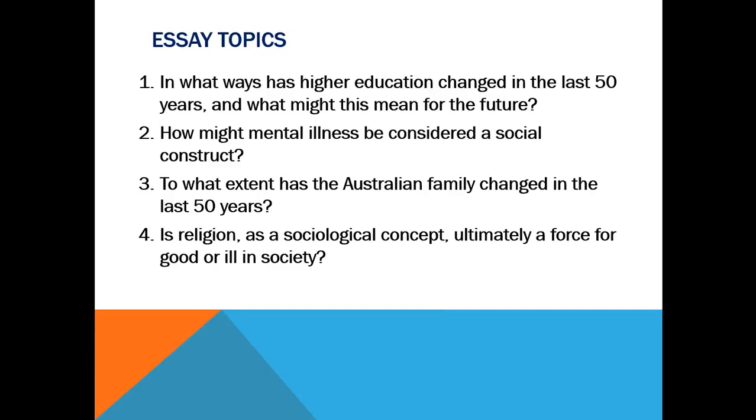So for the Week 8 content, we cover both family and religion. One of your essay questions here could be looking at how the Australian family has changed in the last 50 years. And again, this is a really broad topic. You'll need to focus in quite a bit for any of these topics. So you might look specifically at how the family changed as a product of feminism, or at same-sex marriage, or you might want to look at quite a few different issues and just cover them all briefly.